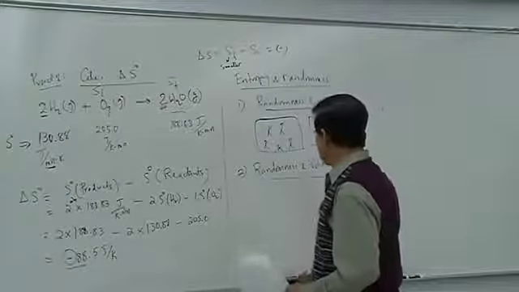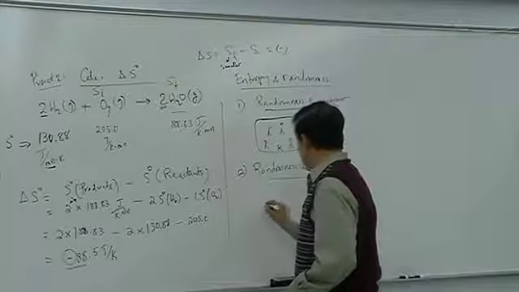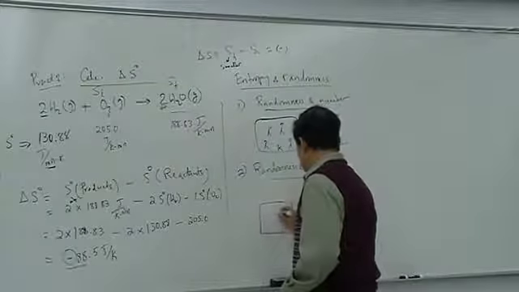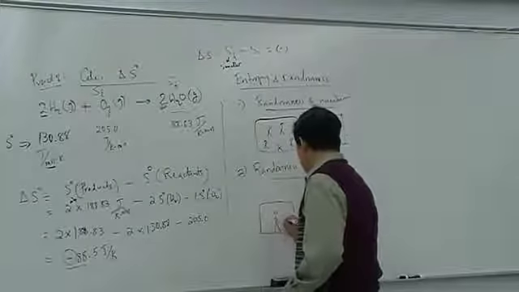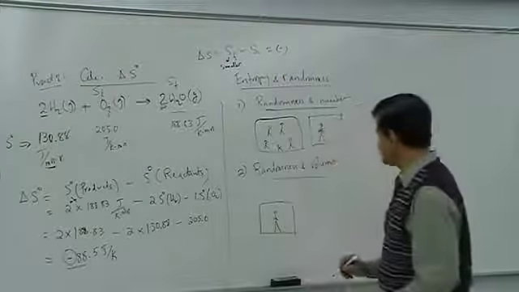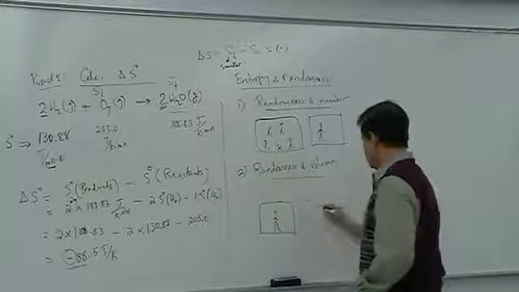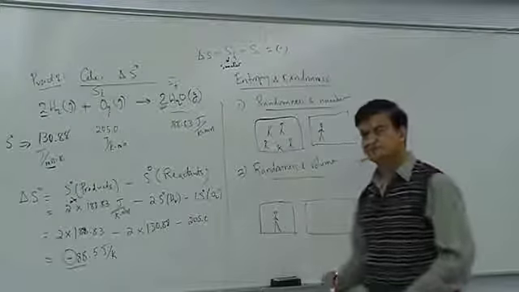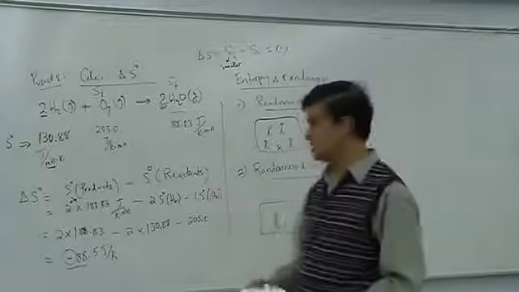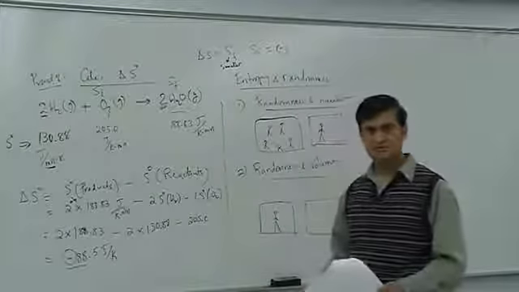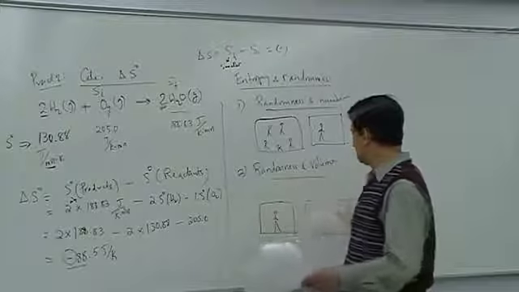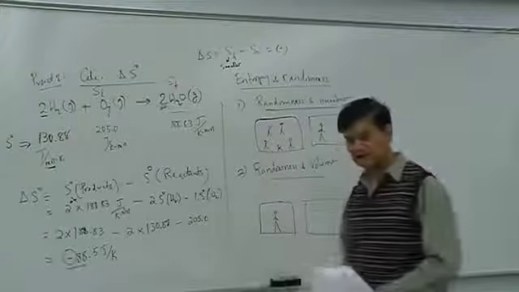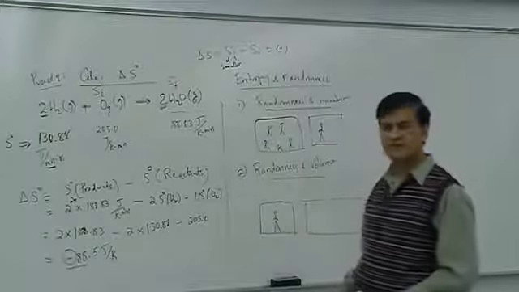Now randomness and volume. Let's assume that I have one kid in a room. It's much easier to find him in that room. If I say that this kid is in a much bigger space, somewhere in State College or Dubai, it's much harder to find him because the volume is now increased, so randomness has increased, because that kid could be anywhere in that area or somewhere in the country.